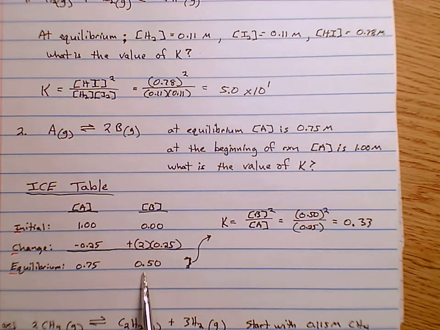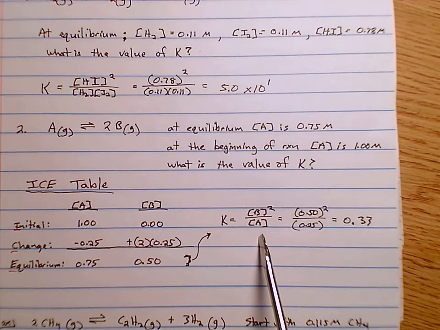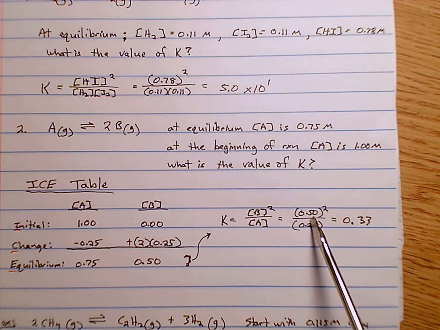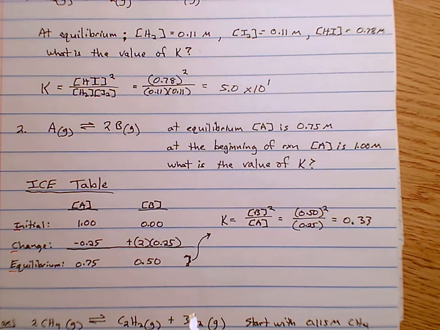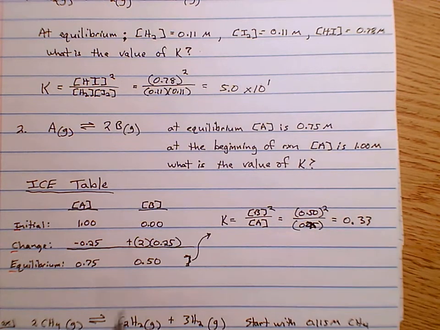And we have 0.5 molar B. Through this ICE table, we were able to calculate the concentration of B. So now we can plug these two into our equilibrium constant expression. The concentration of B is 0.5 molar, squared, divided by 0.75 molar, the concentration of A, and we do our math, and we get 0.33 as our equilibrium constant.